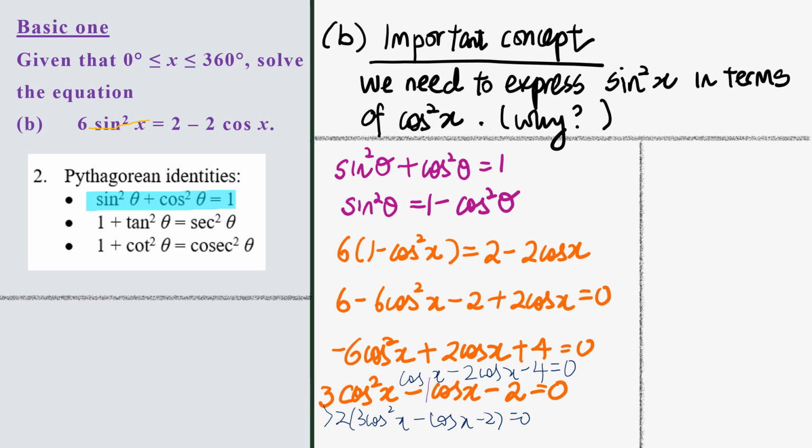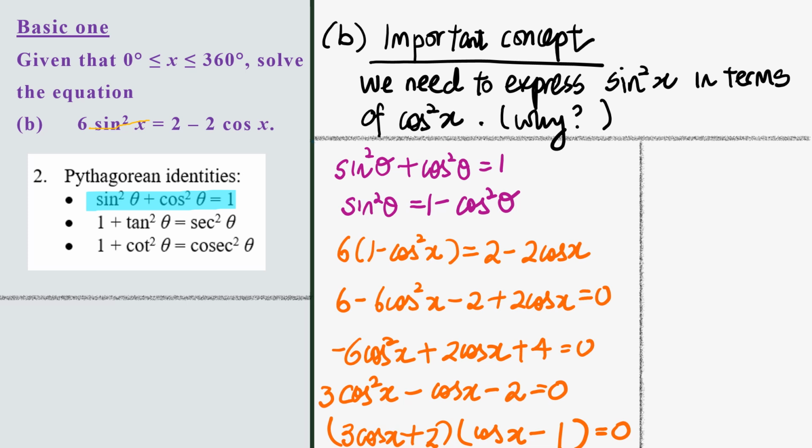And with that, you can just factorize it. By now, you should be proficient in doing factorization using the cross method or whatever methods to get the 2 linear factors. And then you will get cos x equals negative 2/3 or cos x equals 1.